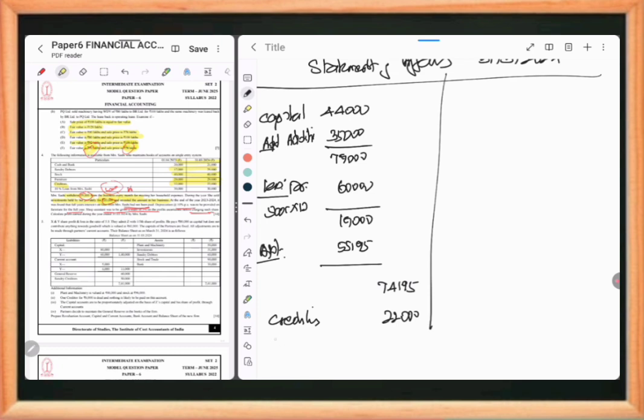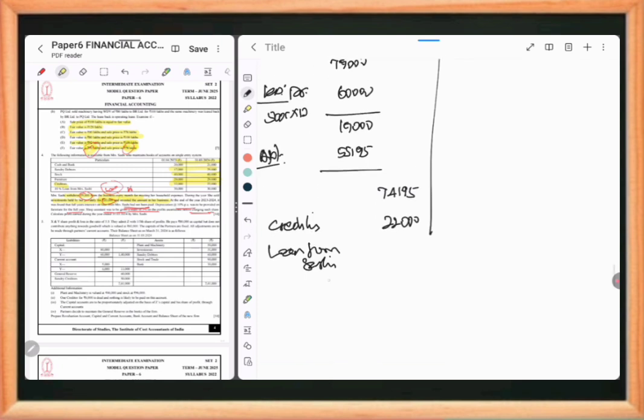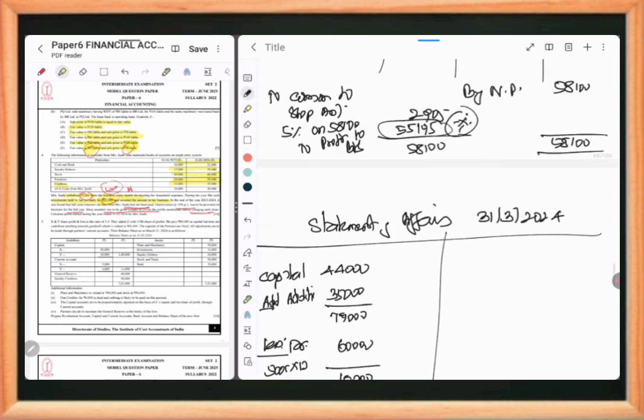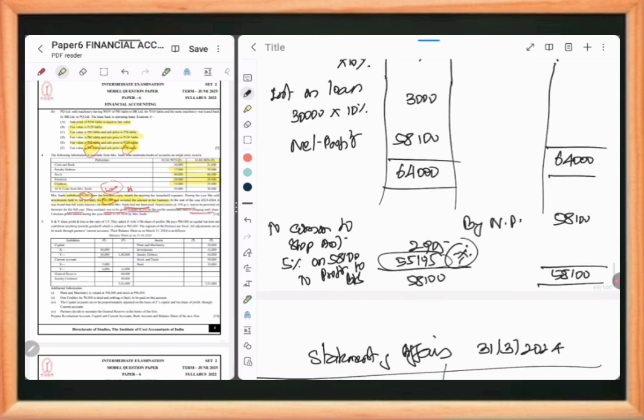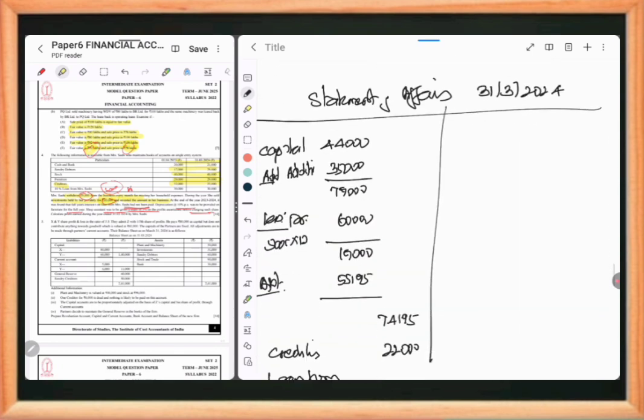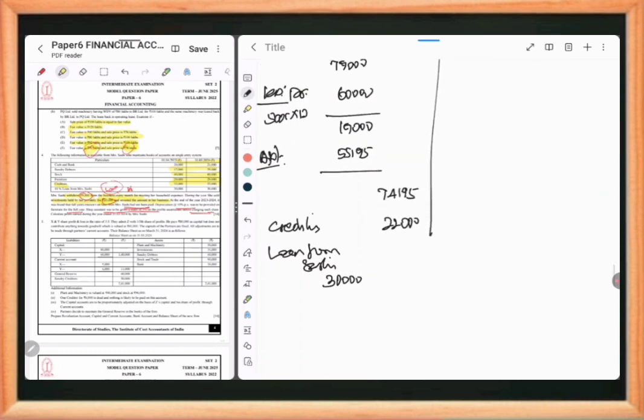And then loan from Sasi, how much? 30,000. For the interest which we didn't pay, it is outstanding interest, that is 3,000 rupees. We have to add it, or we can show it separately. So 3,000 rupees interest, outstanding interest payable, add outstanding, so 33,000.